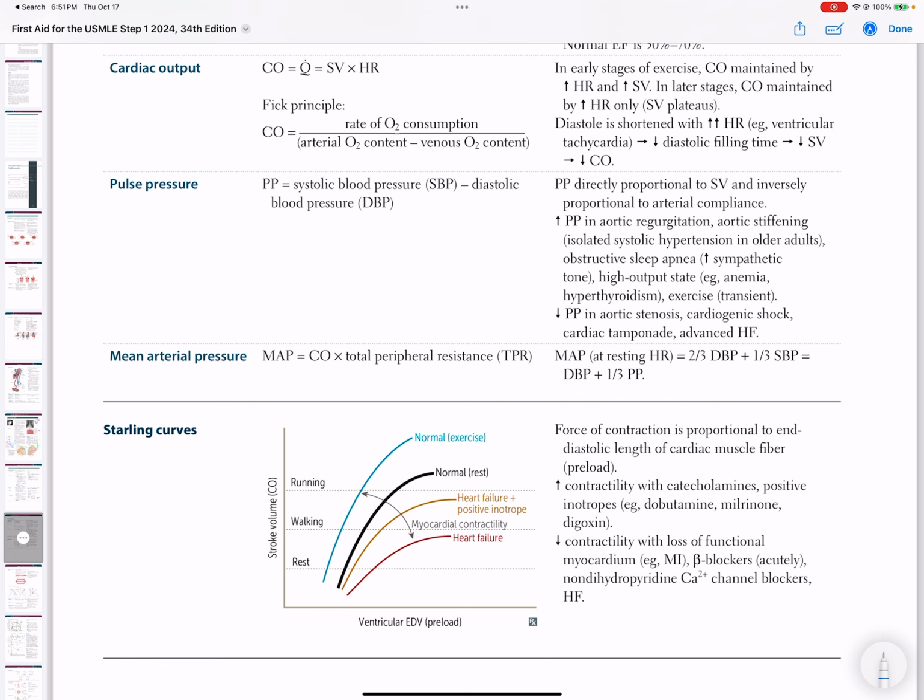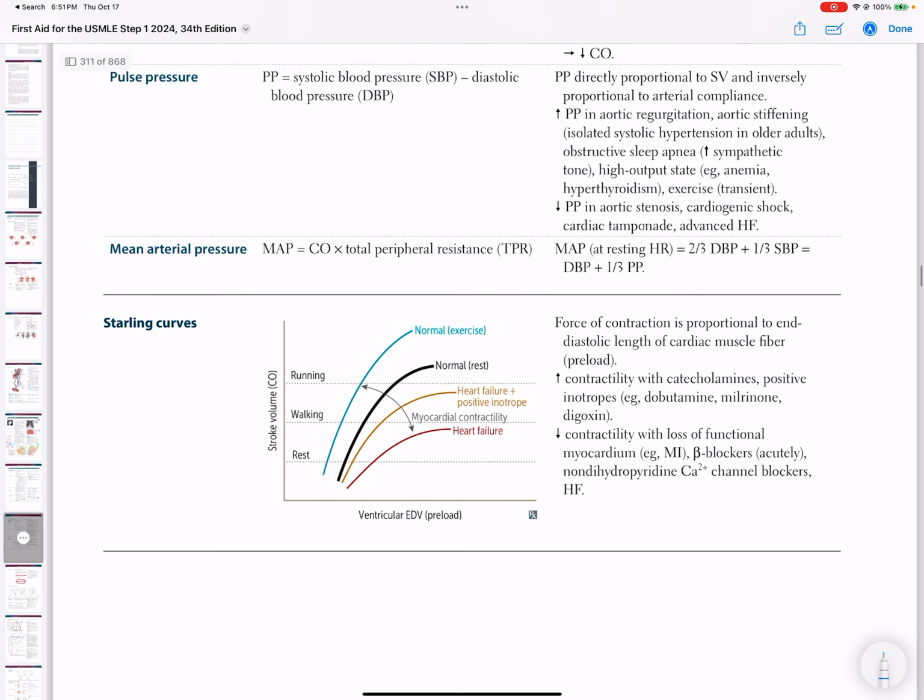Now, Frank Starling law or the curve. So, what happens is you have a preload and you have the cardiac output. It can be stroke volume, and the preload is EDV, that's the end diastolic ventricular volume. So, it is in a Frank Starling relationship.